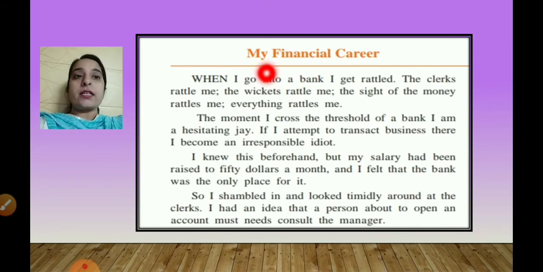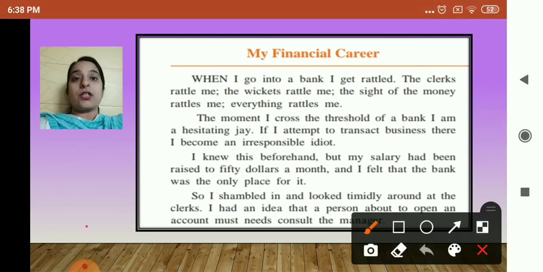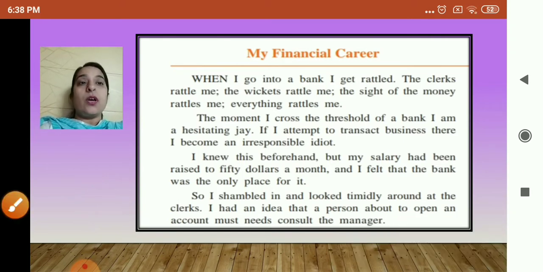Wickets are nothing but a small opening, like a small door or a gate which is used for transacting business, which you can find at offices or at banks, or if you want to take a ticket when traveling by train, you might have seen such wickets, which are used for transacting the business. So all these things made him very much nervous.